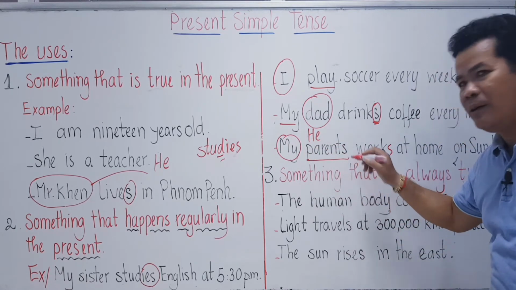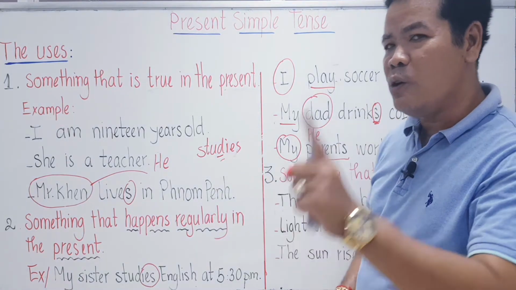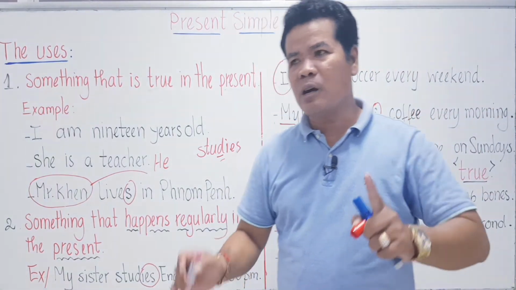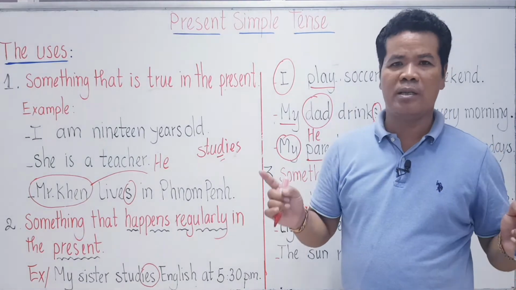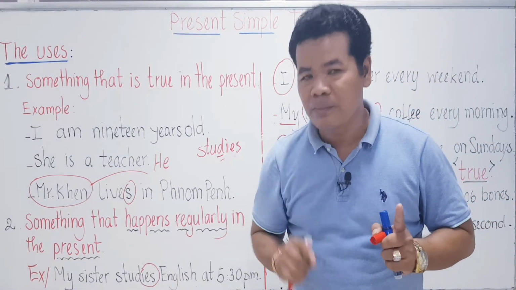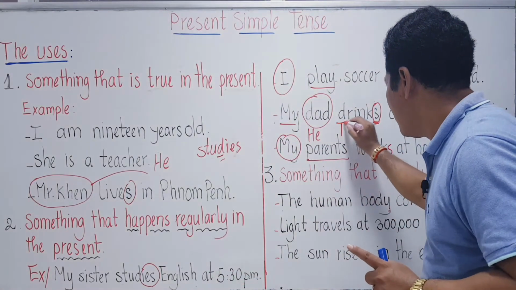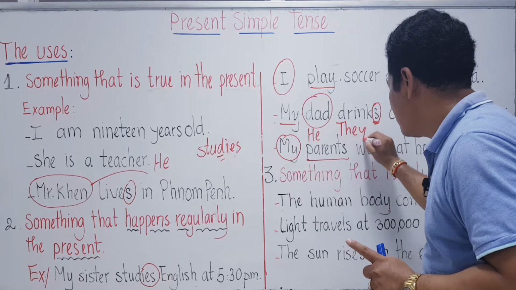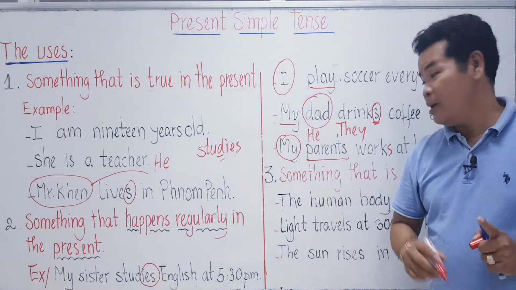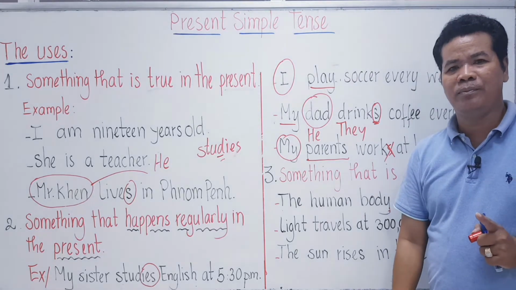Parents. Think about the word parents. If we talk about dad, just only one person. If we talk about mom, just only one person. But if you talk about parents, both of them. When both of them, we use they, stand for parents. That's why no s at the end of the verb. Clear?